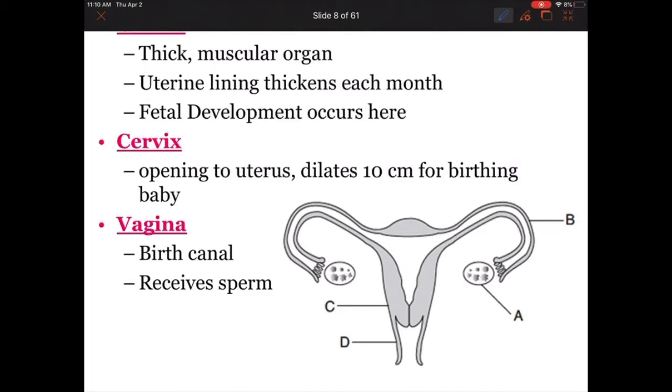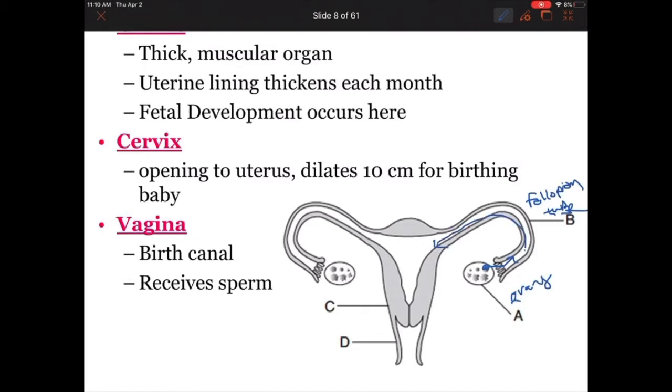As we discussed, A here is your ovary, and it's maturing eggs, or ova, the female gamete. That egg is released through ovulation about halfway through the menstrual cycle, and then will travel down the fallopian tube to the uterus.